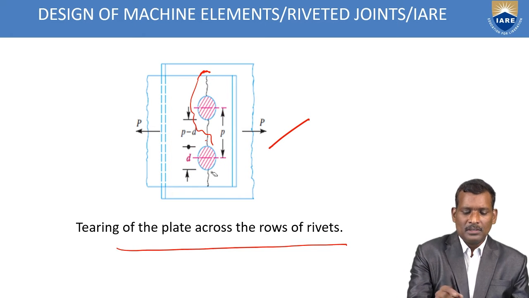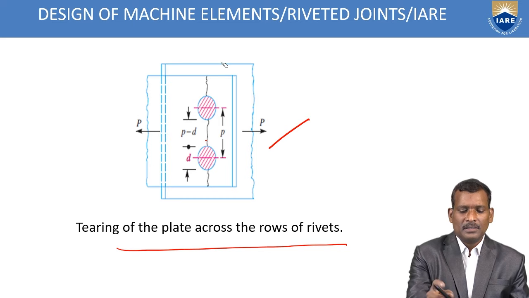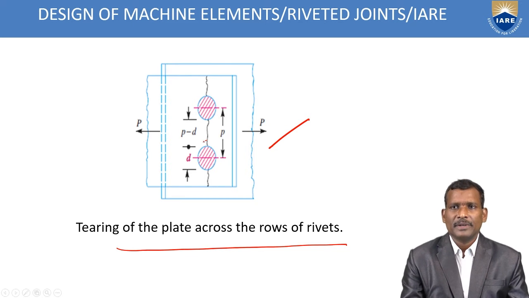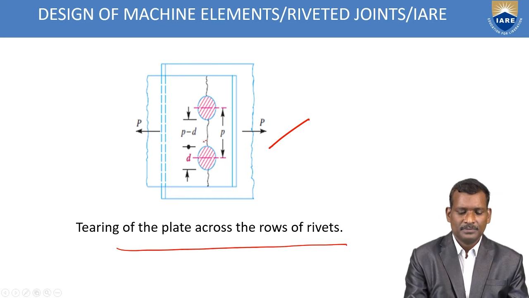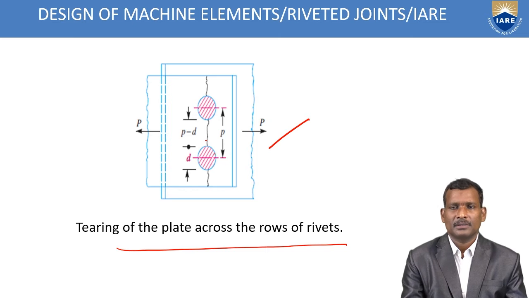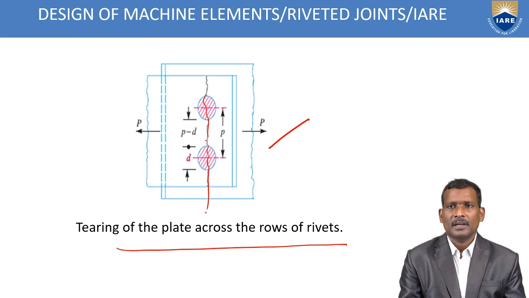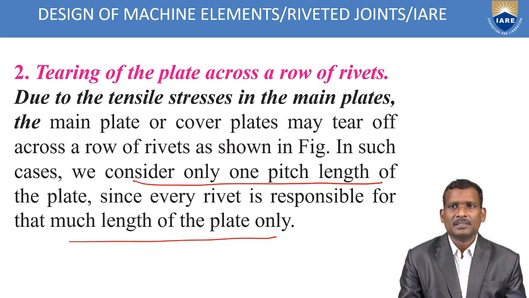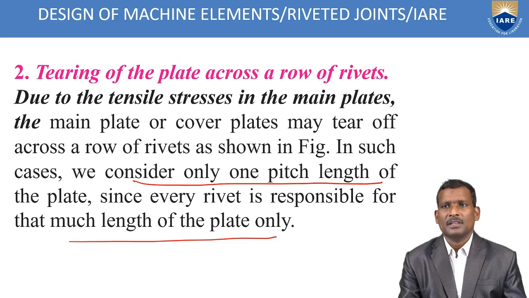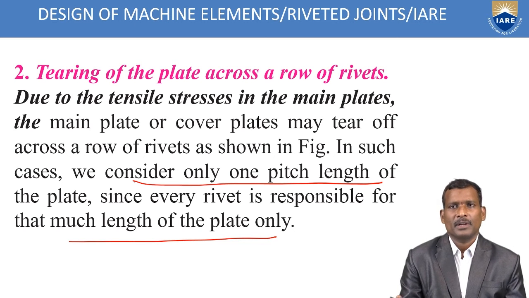Already you know the distance between two rivets is called pitch, and this is the diameter of the rivet. So you can calculate the remaining distance, P minus D. Mainly the tear will occur across the rivet holes. To avoid this type of failure, we will consider only one pitch length of the plate.